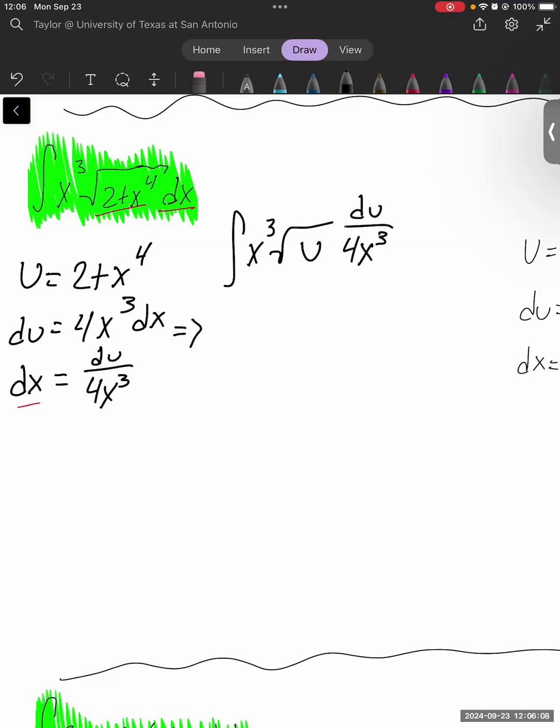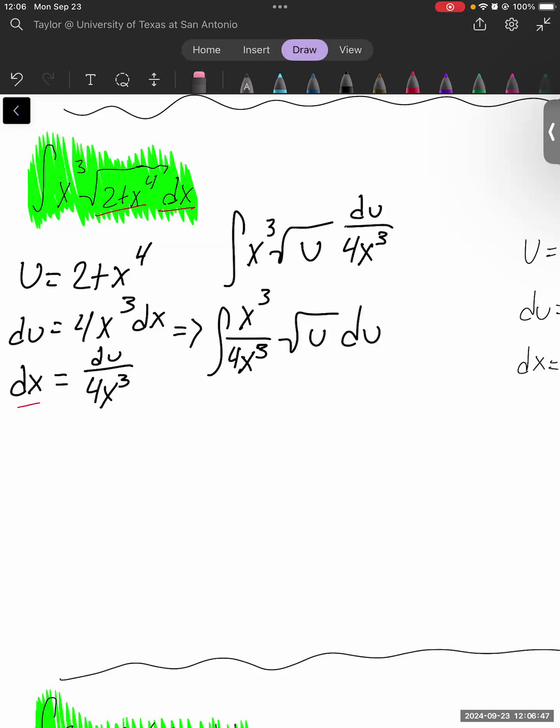So what's the next step we do here? Before we integrate, what do we do? Move the 4x cubed to the front. Okay, so you're saying I do this. So I've got x cubed over 4x cubed square root u du.